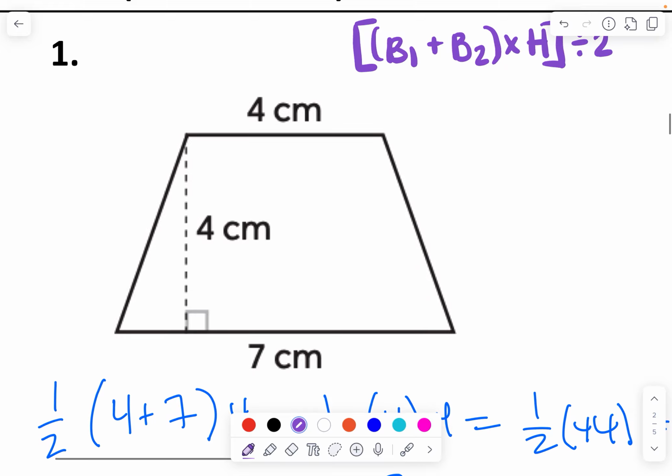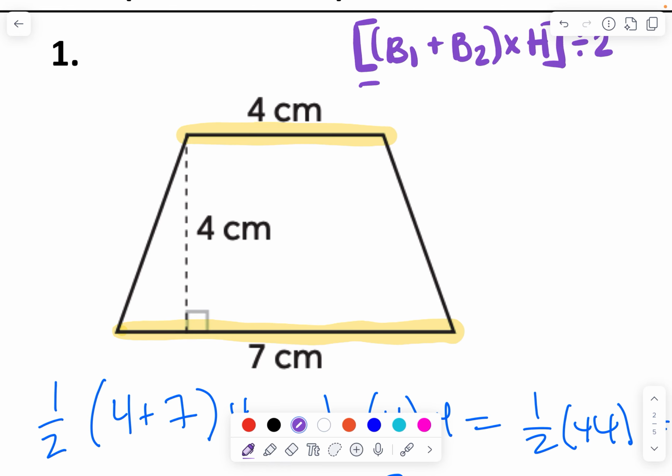Okay, so what do we mean when we say base 1 and base 2? Base 1 is at our bottom and base 2 is at our top. So 7 and 4. Okay, we'll start out with that. We'll go step by step.